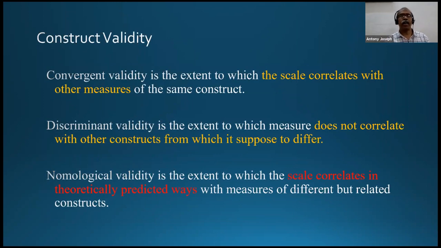Okay, what is this convergent validity? Convergent validity is the extent to which the scale correlates with other measures of the same construct. Say, let us take one example. My first example was with respect to CRMO. There were 5 different components for CRMO: trust, bonding, empathy, personalized communication, and shared value.